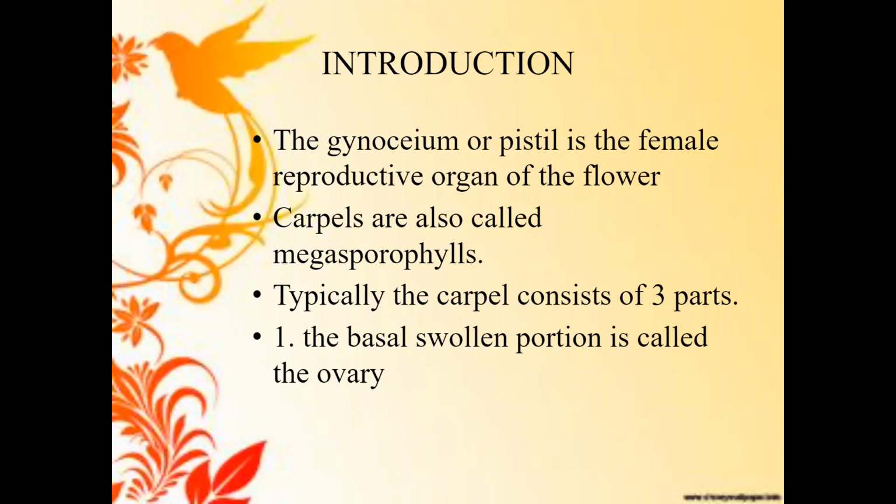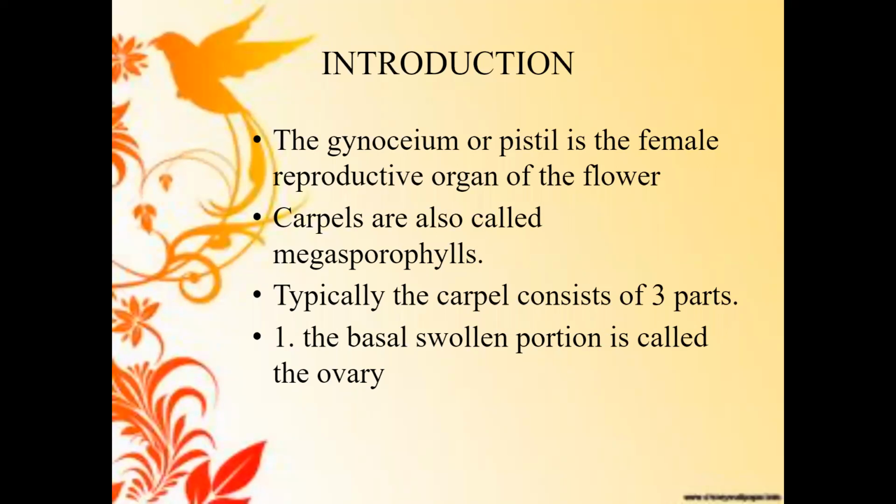The compound pistil may be apocarpous, that means free carpels, or syncarpous, united carpels. Each carpel consists of three main parts: stigma, style and ovary.